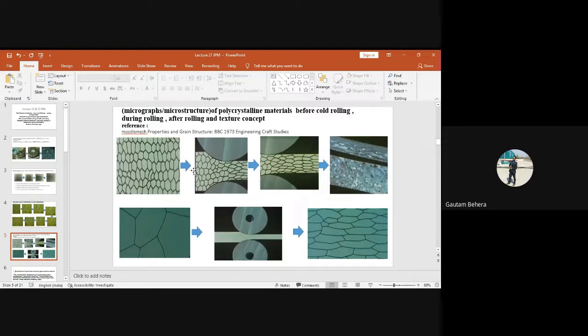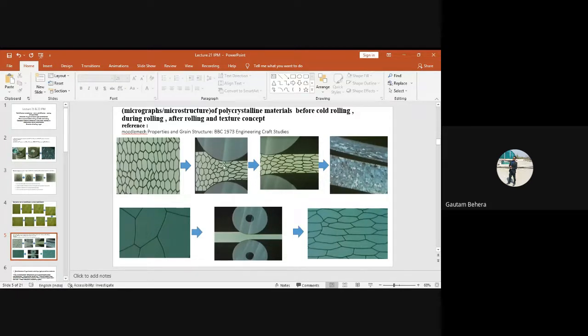Isotropic, very good. Because the anisotropy gets cancelled out, since each grain is oriented in a different orientation. An individual grain is anisotropic, but if you have multiple grains, it automatically becomes isotropic.